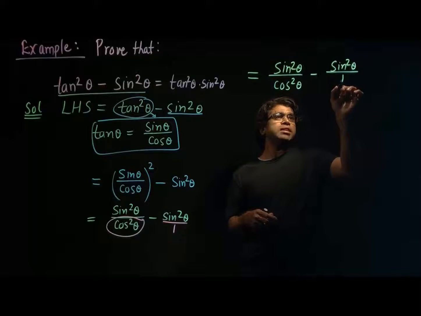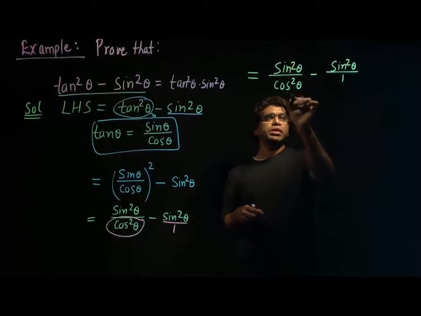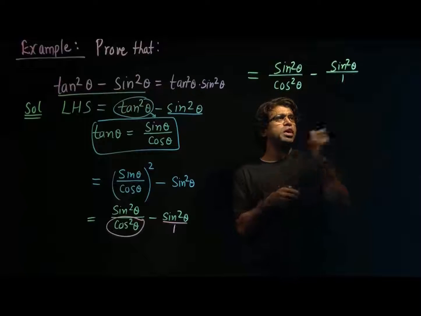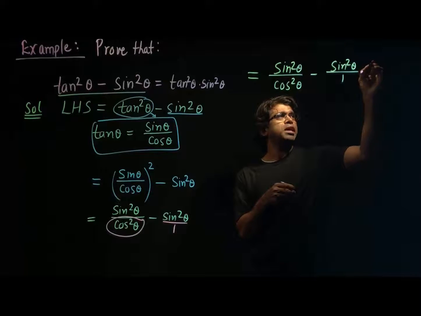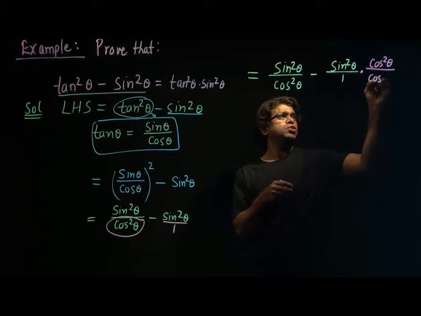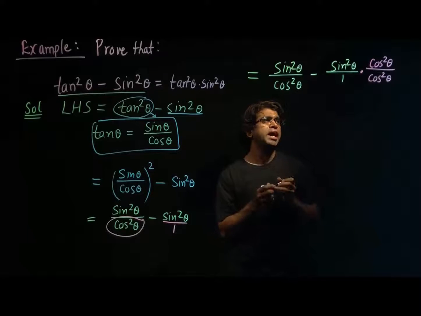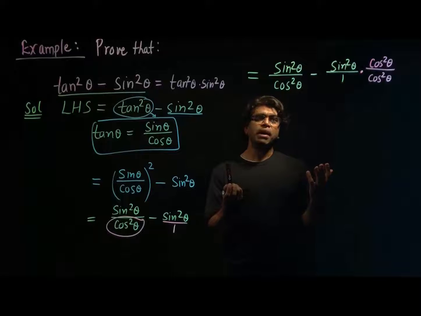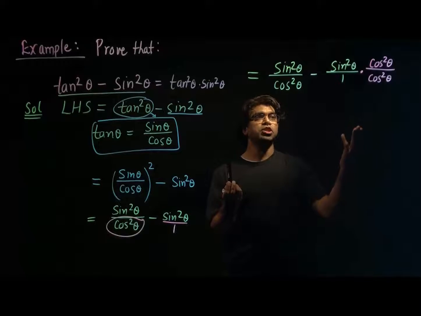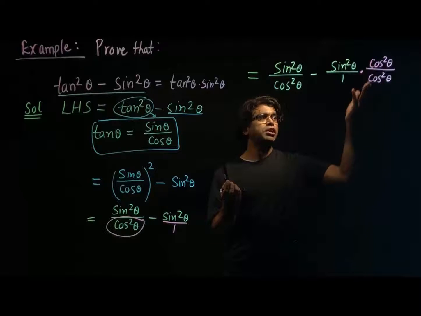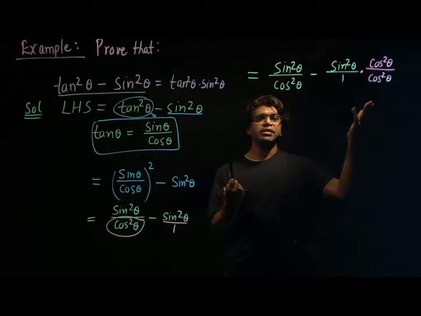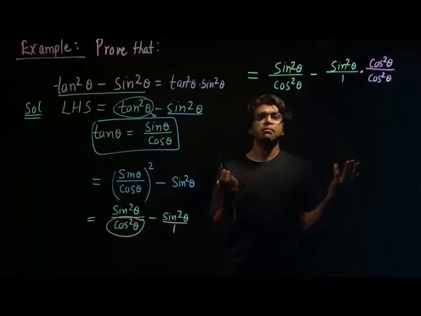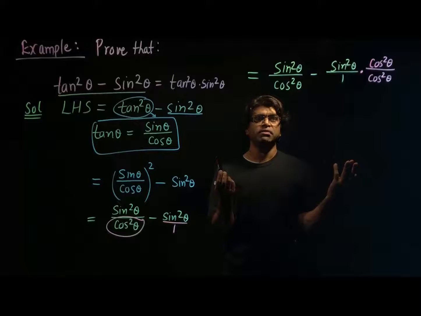Now I need to make this one the same as cosine squared theta. The easiest way is to multiply numerator and denominator both by cosine squared theta. The reason is that I don't want to change the overall value of the expression. Cosine squared theta over cosine squared theta can cancel out and I will get 1.